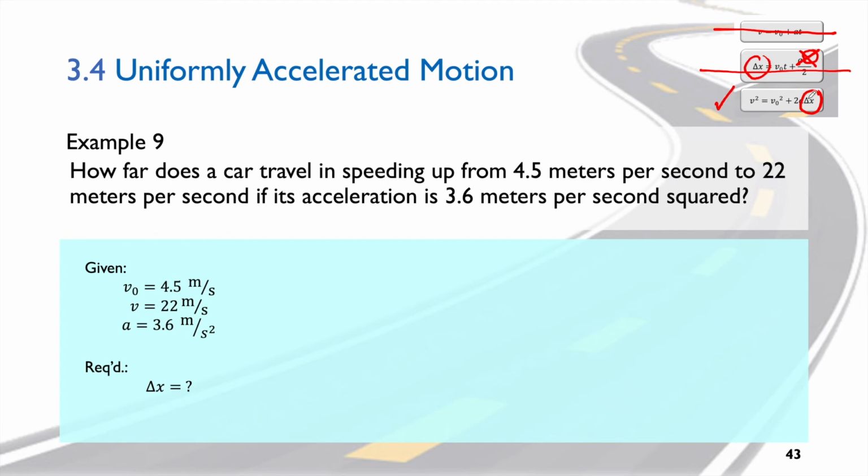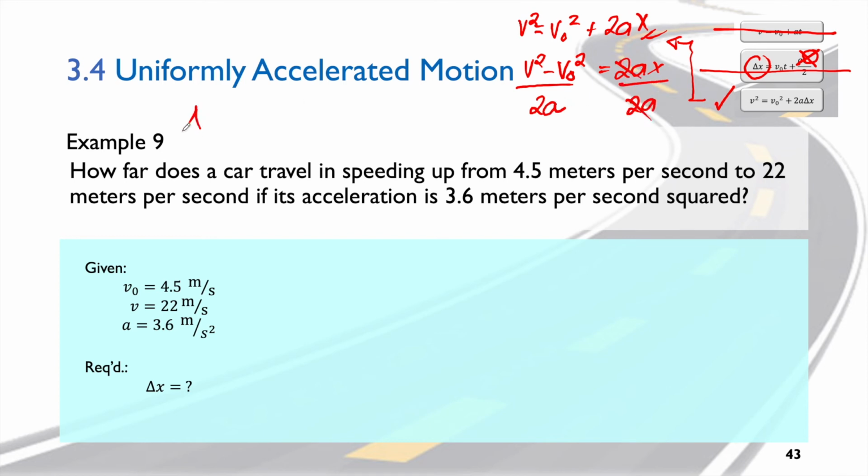Now, if you are looking for the distance using the third equation, always modify the formula, or you can modify the formula later as you solve. I'll just modify it now. For this one, I am looking for the x, so I'll just move terms, divided by 2a, divided by 2a.